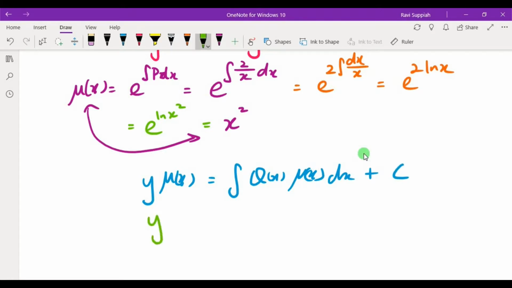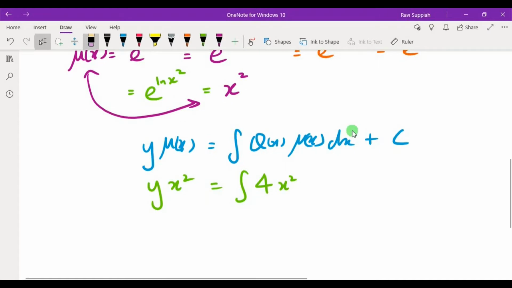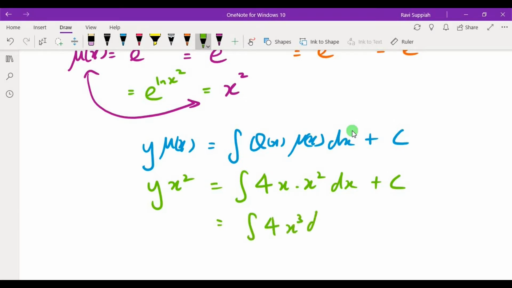So what you have is y x squared equals the integral of 4x times x squared dx plus c, since q x, as we just saw, is 4x and mu x is x squared. So here you have 4x cubed dx plus c.